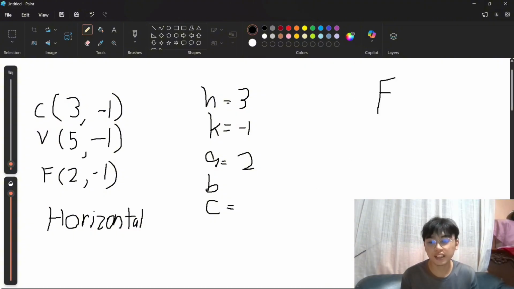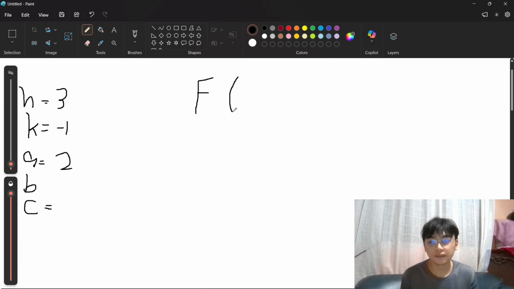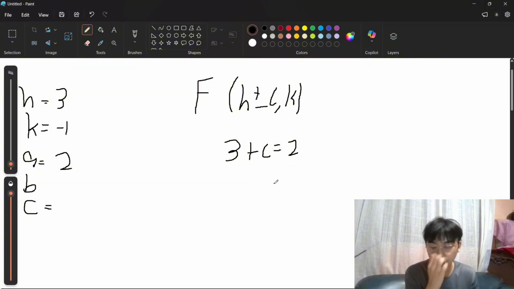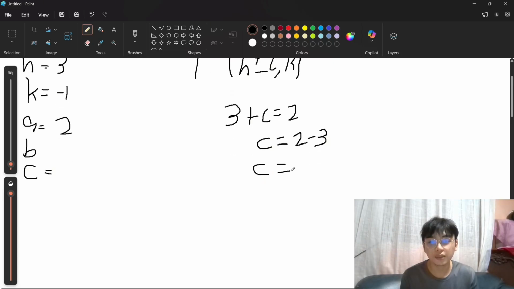Our foci is going to be (h plus or minus c, k). So let's substitute our values. We will have 3 plus c equals 2. Then let's move 3 to the other side, so c equals 2 minus 3. And then our c is equal to negative 1.